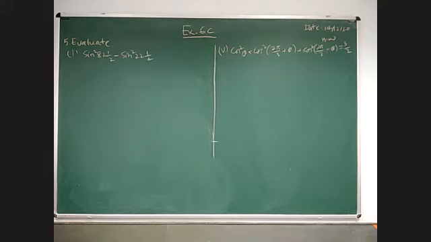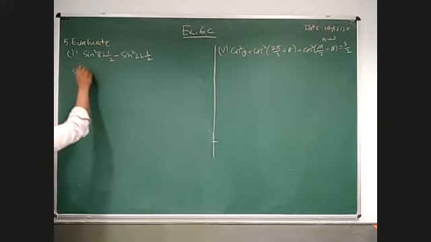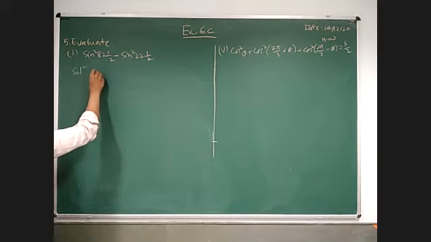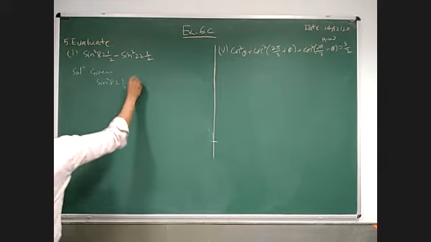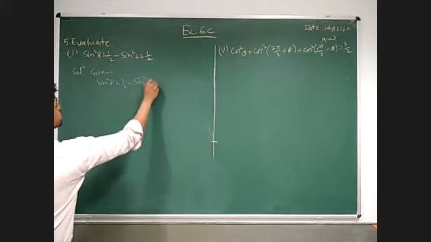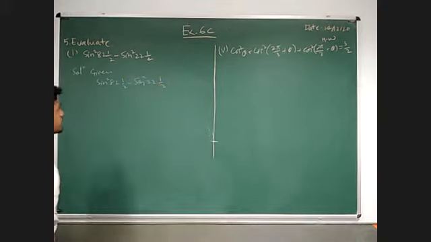Okay. So for this, we know one formula. Here the given part is sine square 82 half minus sine square 22 half. Right.